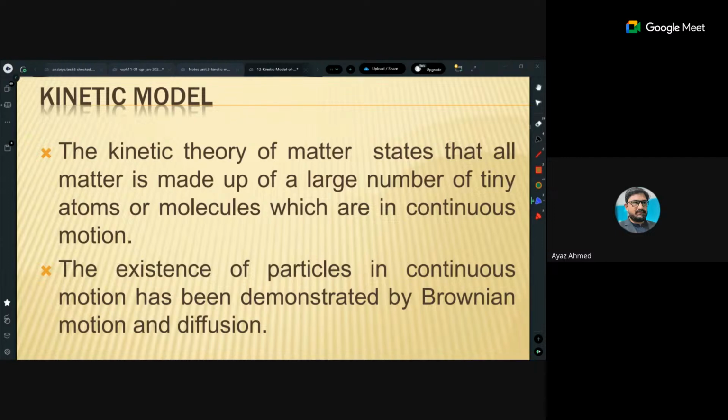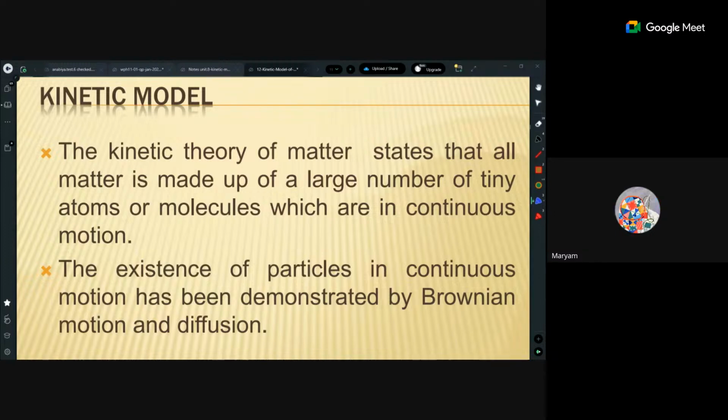That is an explanation of the kinetic molecular model. The first explanatory point is that all matter consists of tiny molecules or particles. They are continuously moving. This is very important, that they are continuously in a state of motion.